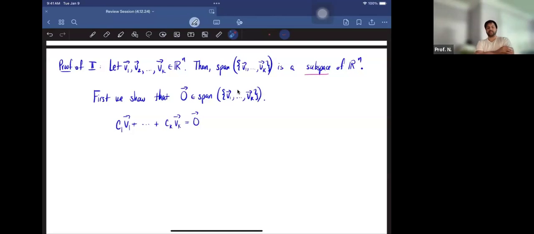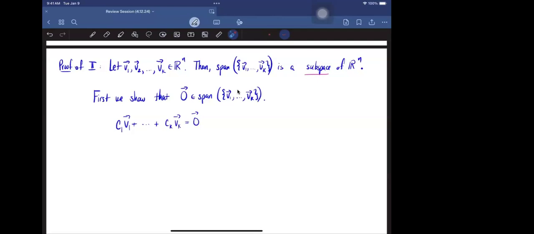What would be the coefficients of v1 through vk? They're all zeros.